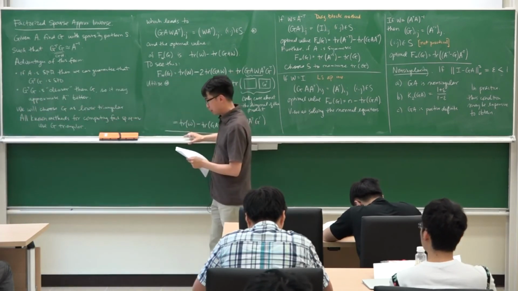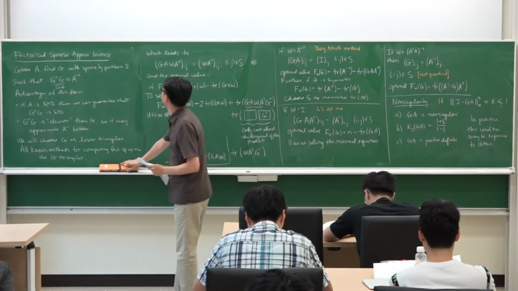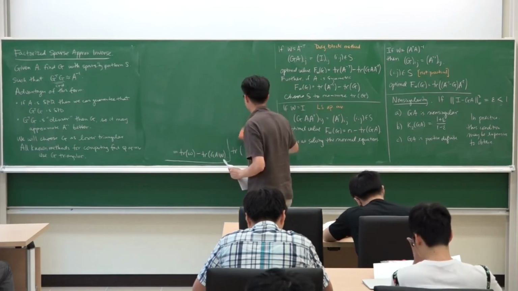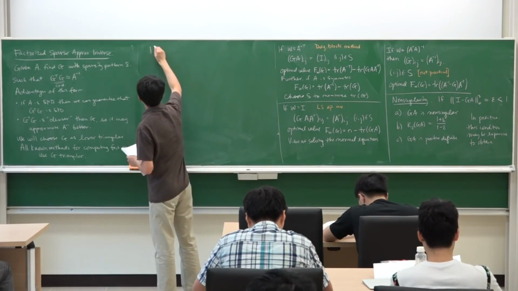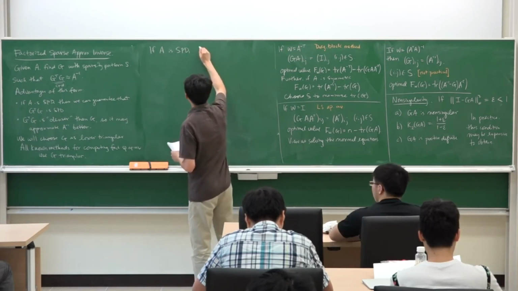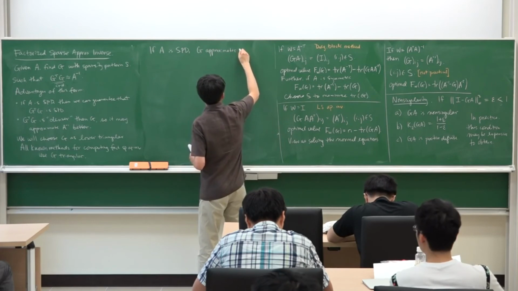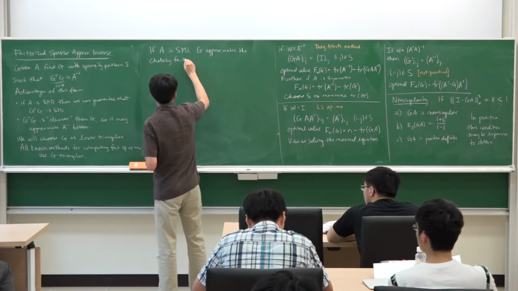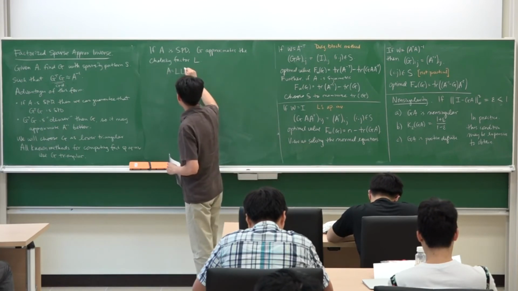If G is lower triangular, then G approximates the lower triangular Cholesky factor of A. So if A is symmetric and positive definite, G approximates the Cholesky factor, which we can call L. So A equals L L transpose.